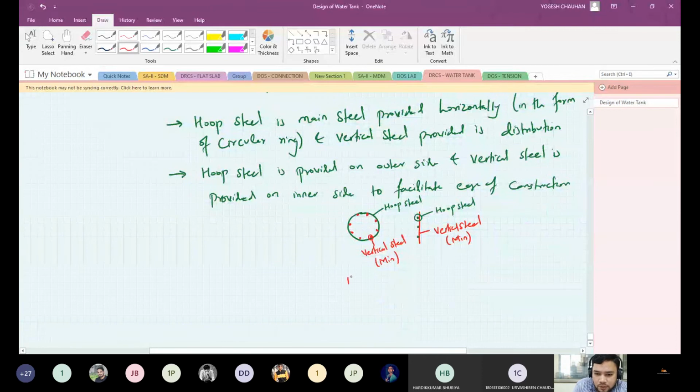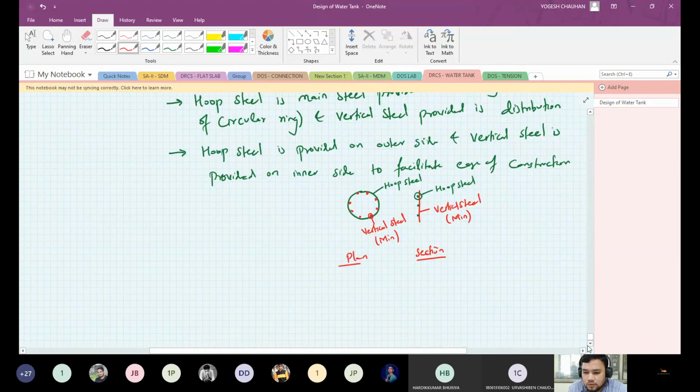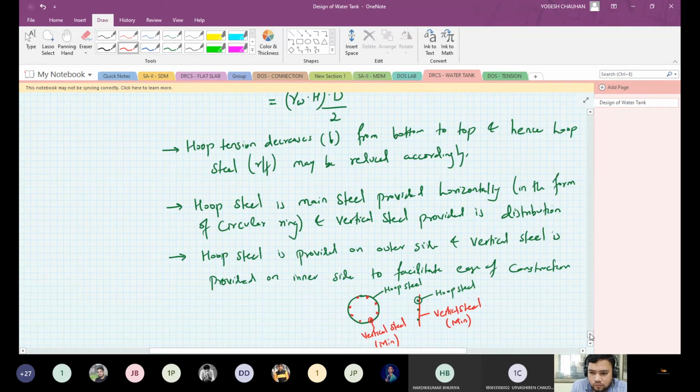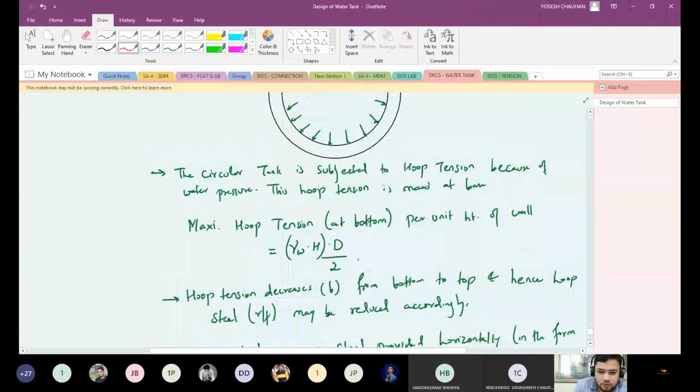So this is in plan, and this is the section. And the hoop steel is given by ASH. ASH means the area of the hoop steel is equal to this hoop tension.